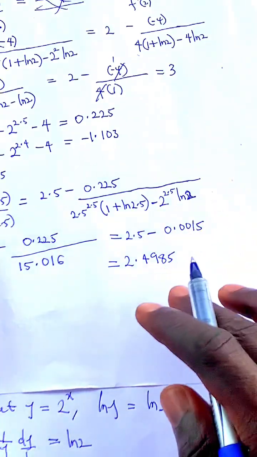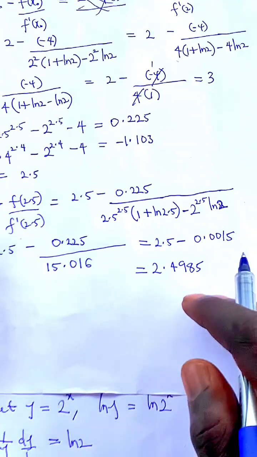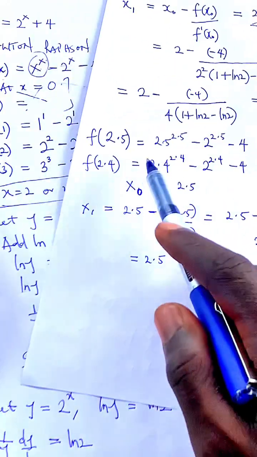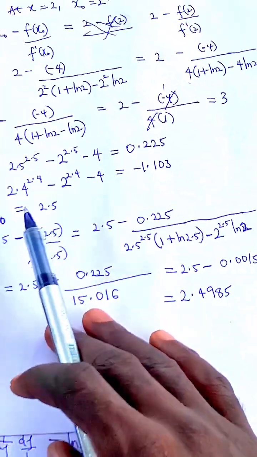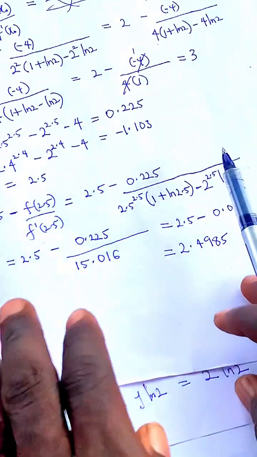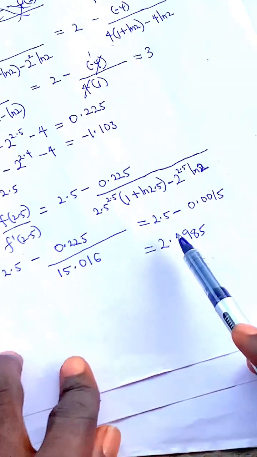So you see now that this result is in between 2.4 and 2.5. So you can continue your iteration by picking this one now.